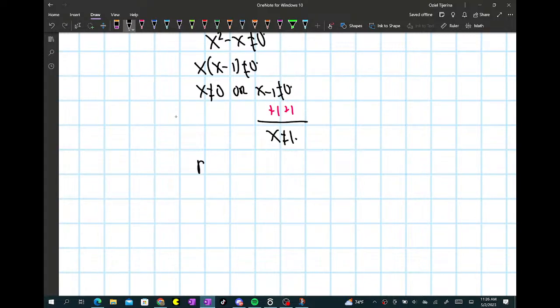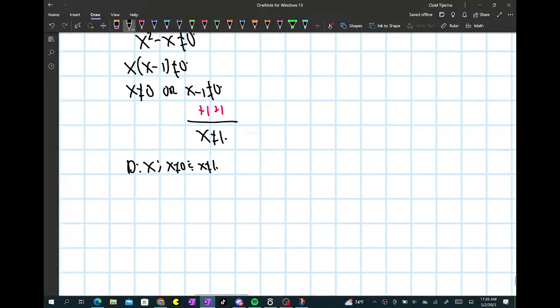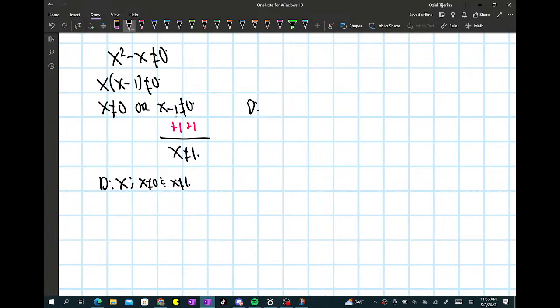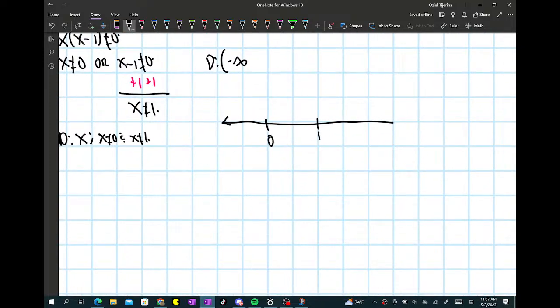We know that the domain now is going to be x such that x is not equal to 0 and x is not equal to 1. But we can write this in interval notation. If it helps, you can draw a number line. Here's 0, and here's 1, right? The domain goes from negative infinity to 0, not including 0, since that is the excluded value.